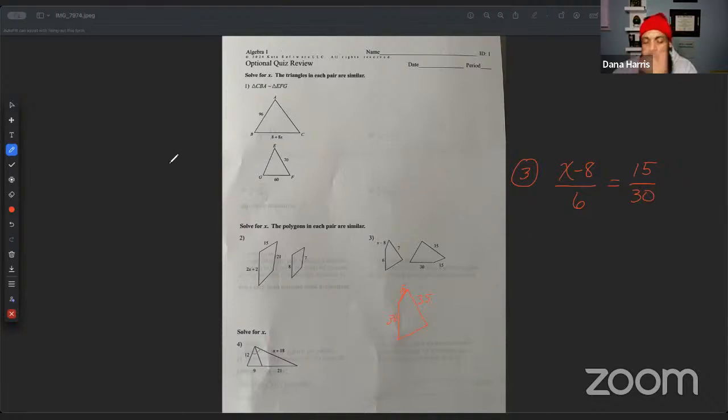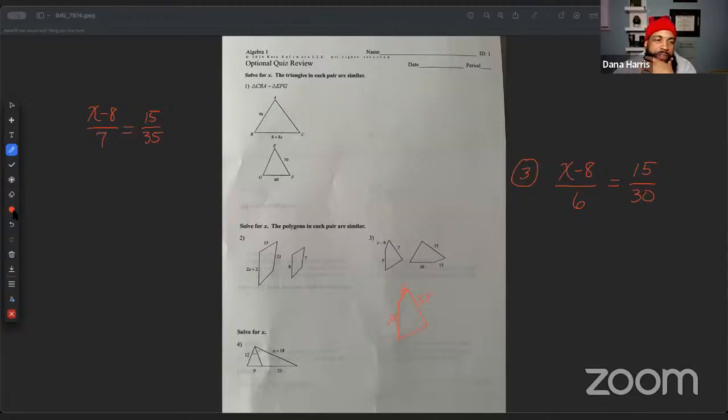We could also say x minus 8 over 7 is equal to 15 over 35. They still will give us the same solution simply because we have these proportional sides lined up in the proportion.